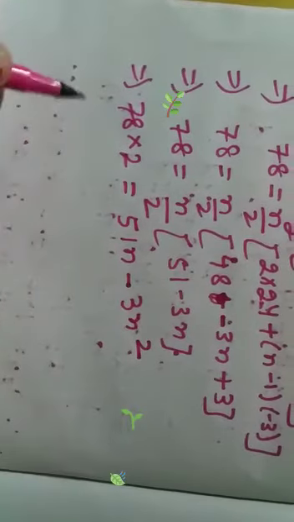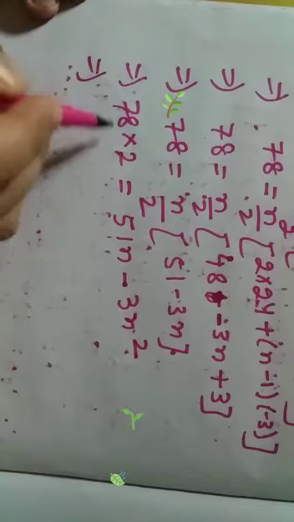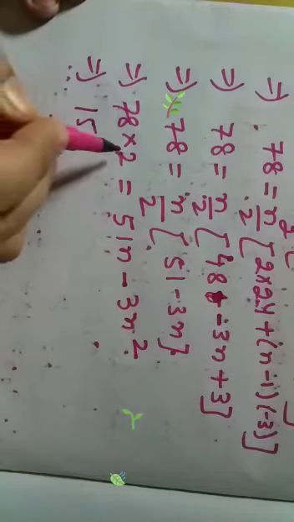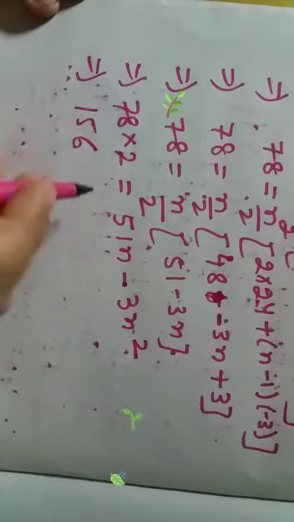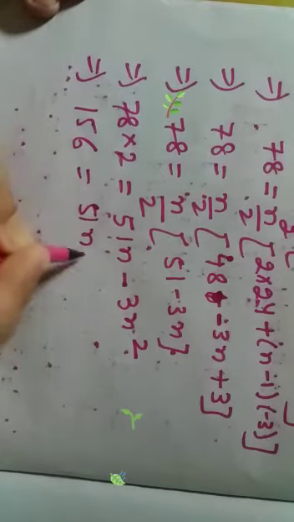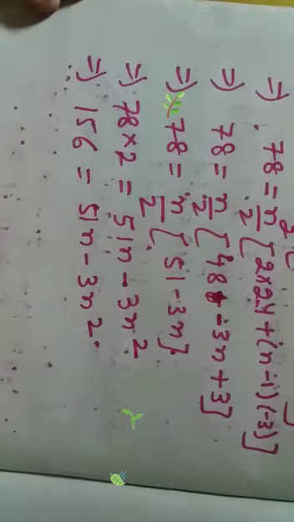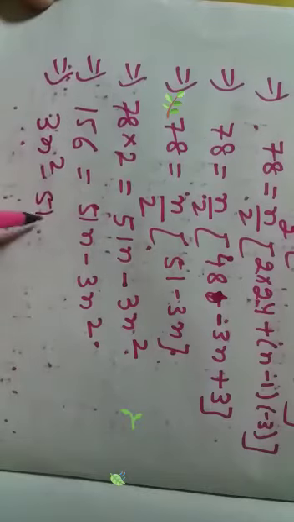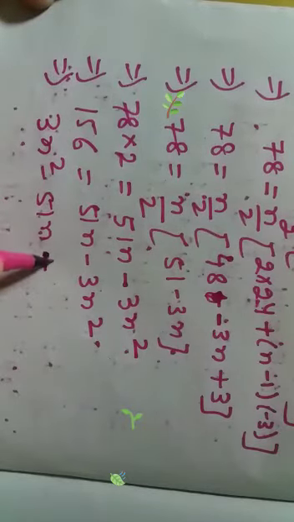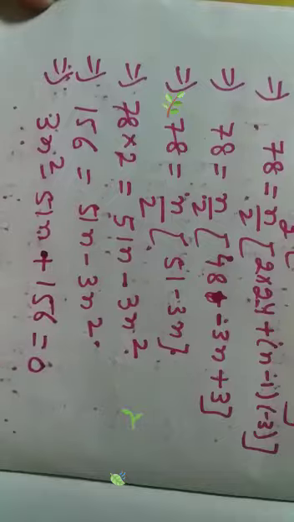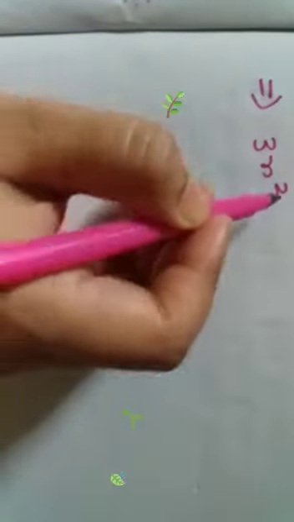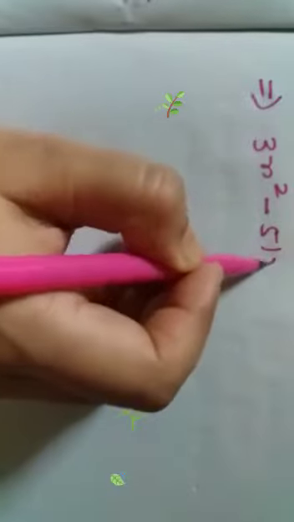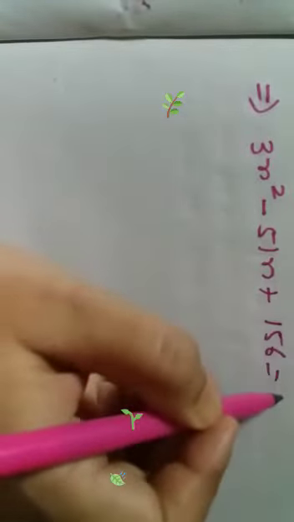Let us solve this by splitting the middle term. 156 is equals to 51n minus 3n square. Arranging it, 3n square minus 51n plus 156 is equals to 0.